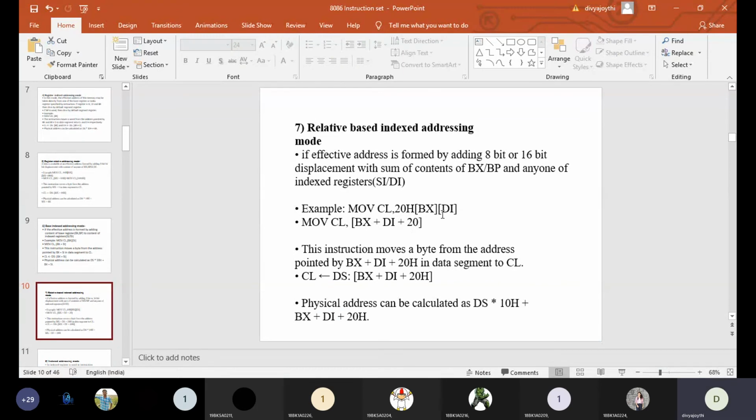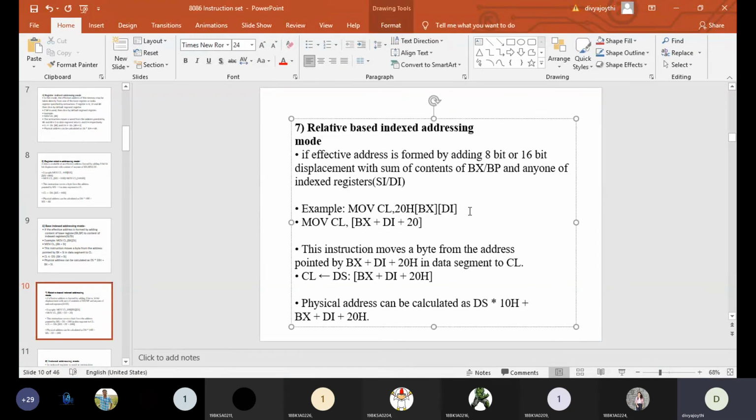Say for example, if BX is carrying 1000 and DI is carrying 50, so the final offset address is going to be 1000 plus 50 plus the relative, that is the displacement, given as 2.